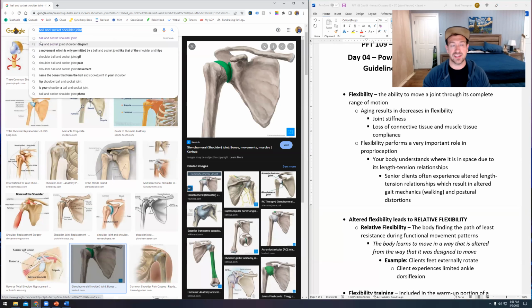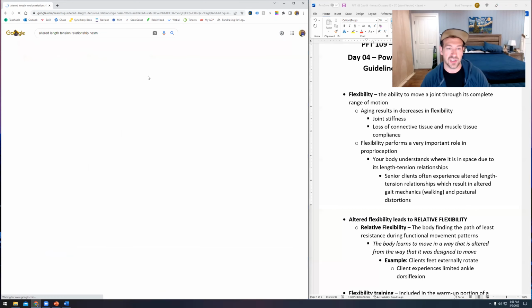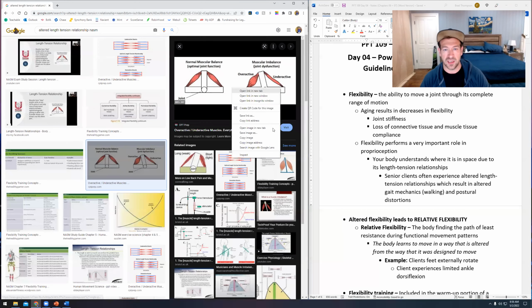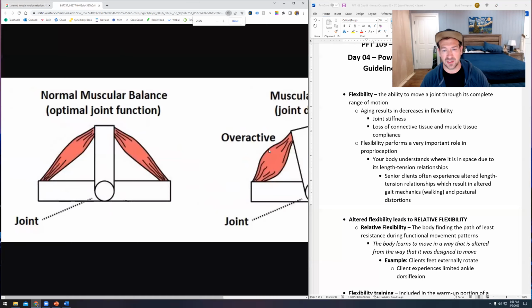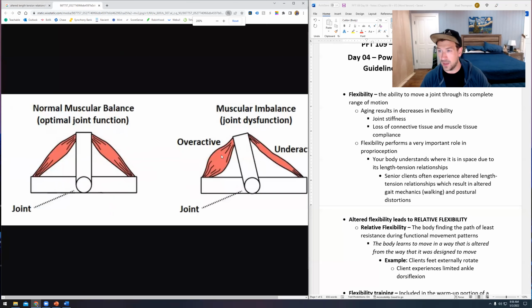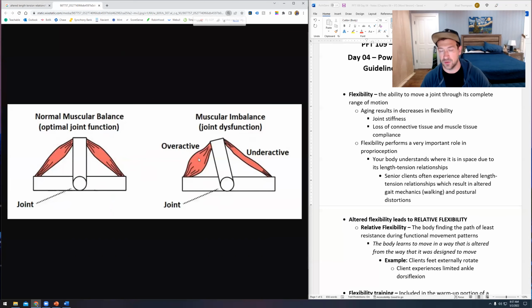So what'll happen is that's going to alter your length tension relationships. Your nervous system will then send a signal to that muscle and have it basically contract 24 hours a day, 365 days a year. So then we see that altered length tension relationship situation where this muscle is saying, no, I can't go any longer, even though the reality is this is the same muscle in the same picture here. This is just what would happen if it was overactive.